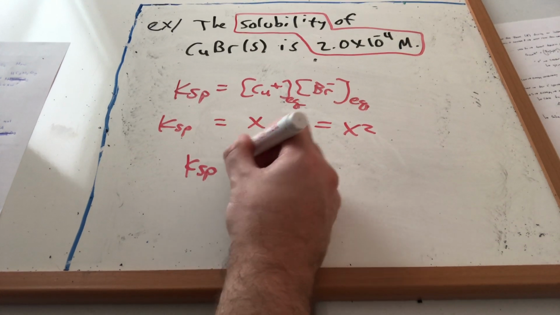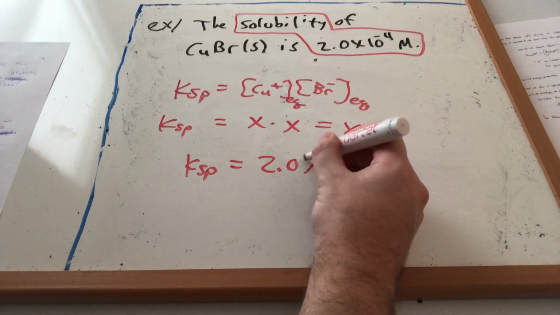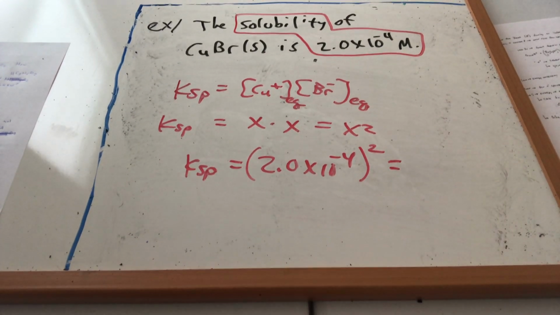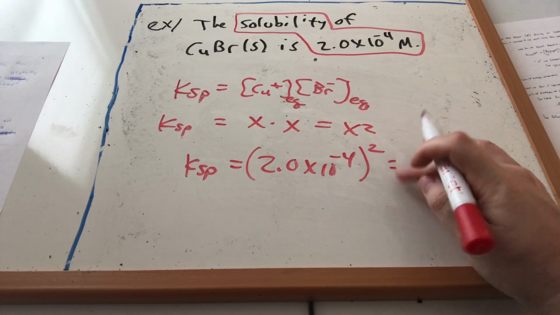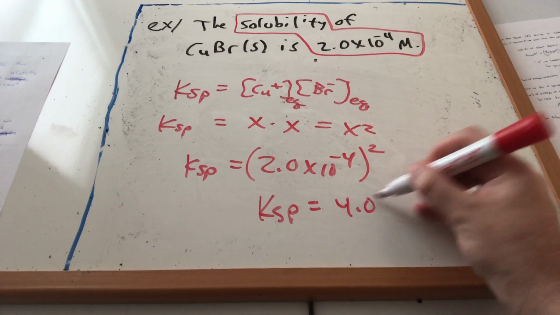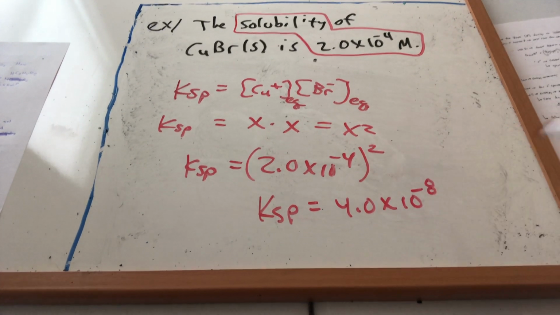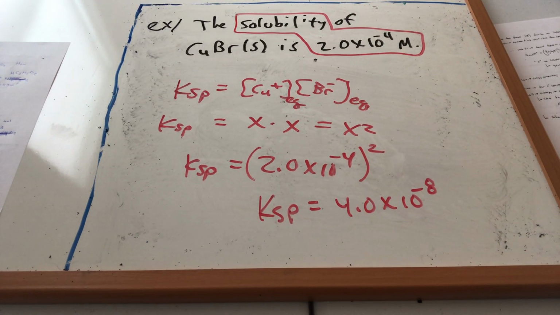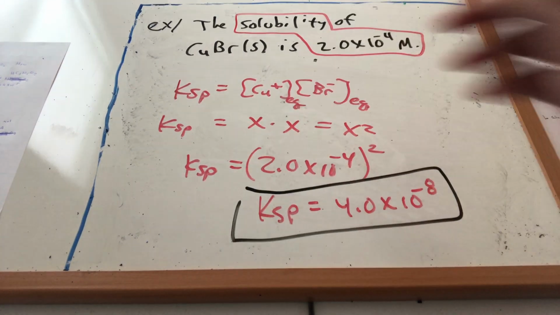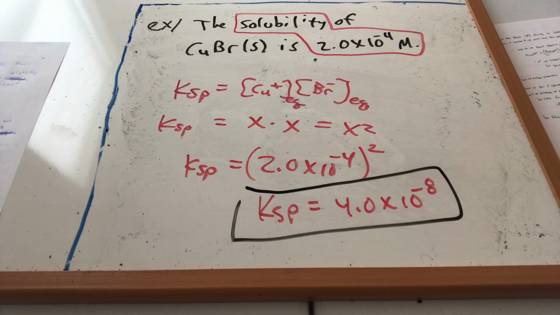And what's given in the problem? 2.0 times 10 to the minus 4 is my solubility. That is my x. So KSP is equal to 4.0 times 10 to the minus 8. Done, right? Just using our equilibrium tactics, our equilibrium ideas in another setting.